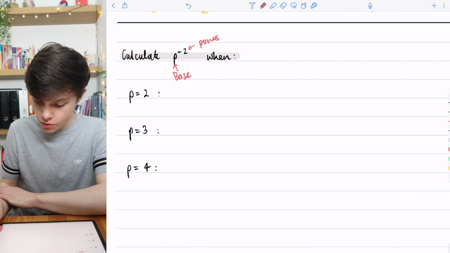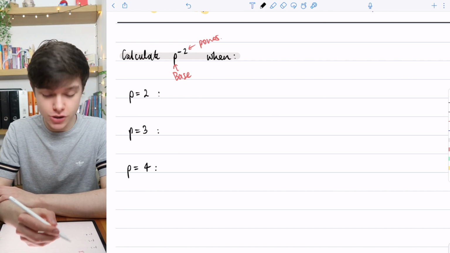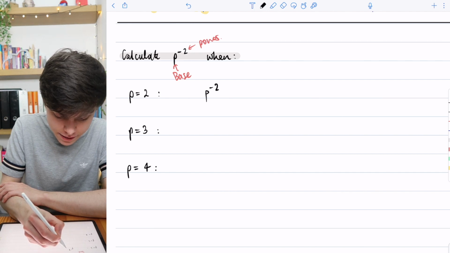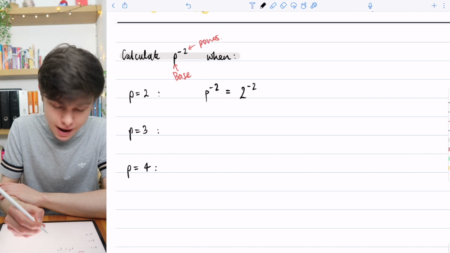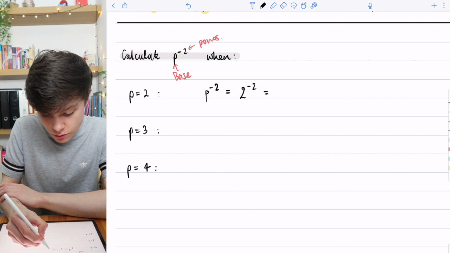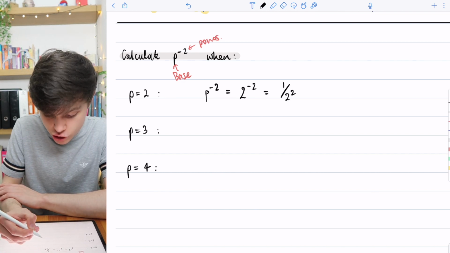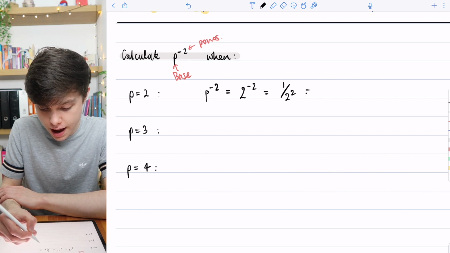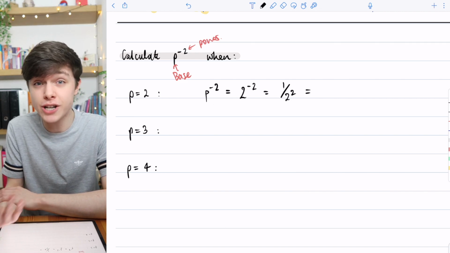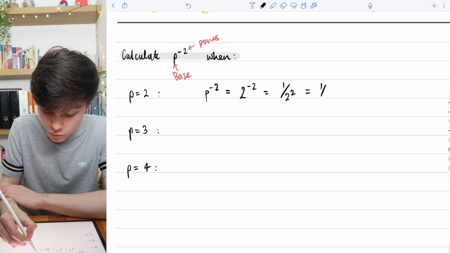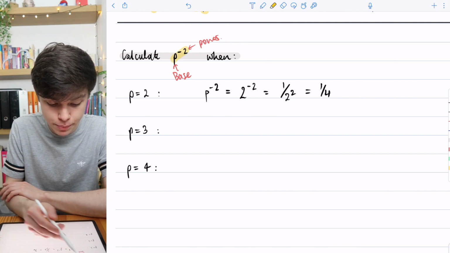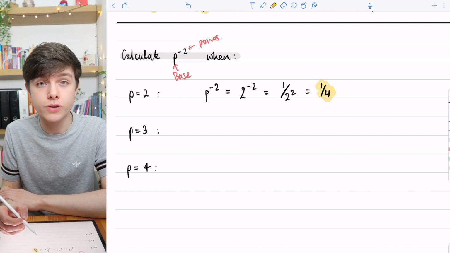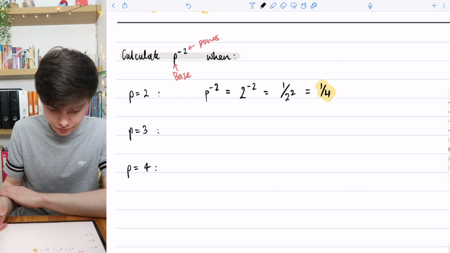So what we're going to do is take p to be 2. So p to the minus 2, when p is 2, will be 2 to the minus 2. And remember, I can write that as 1 over 2 to the positive power. And then I can simplify 2 squared because I know what 2 squared is. That's 1 over 4. So when p is 2 in this example, I get a quarter, or 1 over 4.